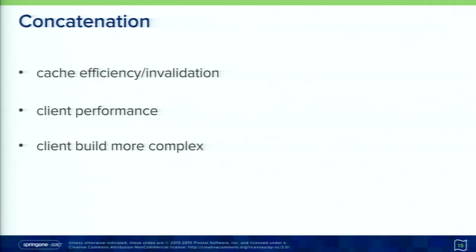So it's not really efficient. Also client performance. Downloading one file is better on the latency side, but the client has to parse it. If it's JavaScript, for example, the client has to parse the whole file, and that costs a lot on CPU and also latency, on the user experience.